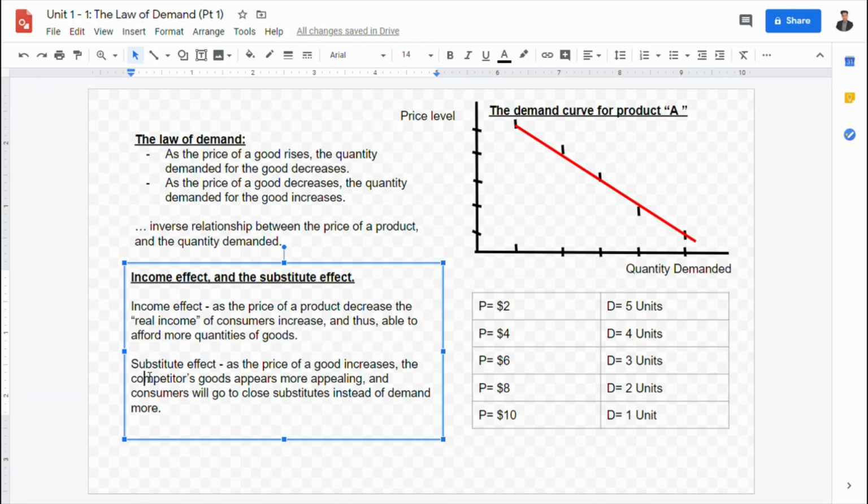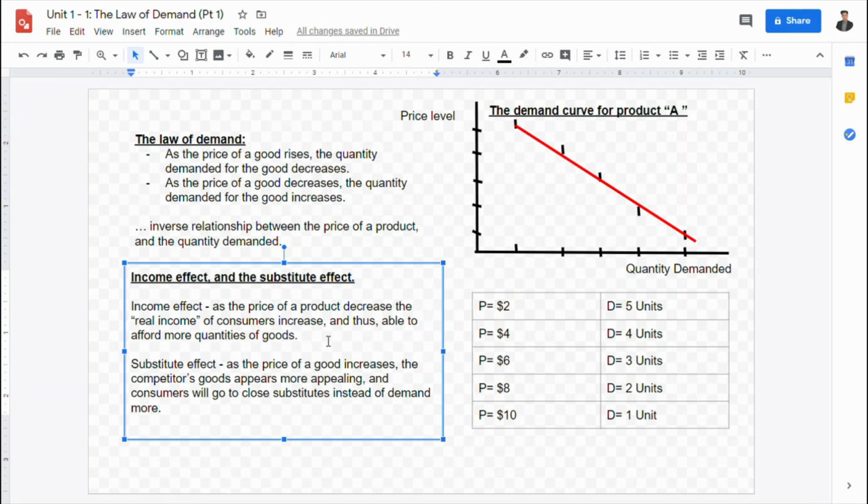Therefore, the demand for Coca-Cola decreases as the price increases from 4 to 6. That's why the demand curve slopes downwards: at higher prices, consumers have more substitute goods, and therefore the demand for the good decreases because of substitute goods and because of the income effect.